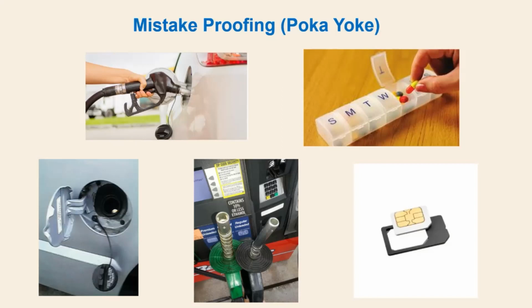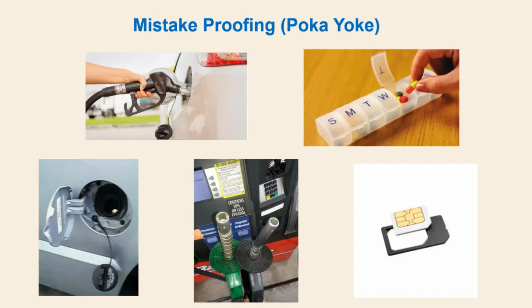Now, as you can see from these pictures, I'm pretty sure that you all have seen this in a car. You can see that the fuel cap is attached to the car with a little strap. Why? Because people will forget to put the fuel cap on after getting the fuel.